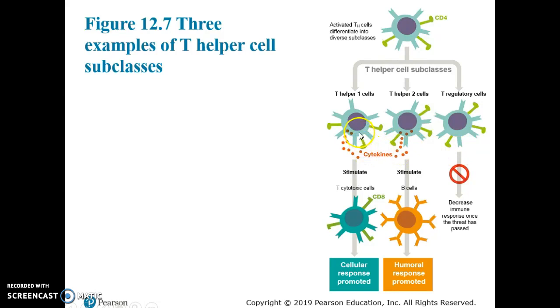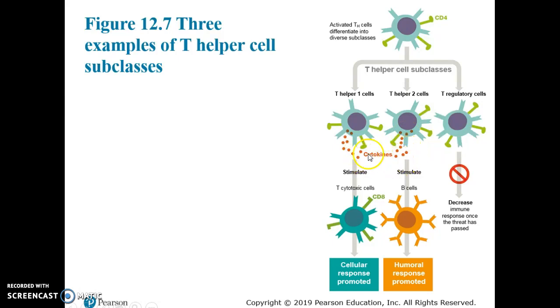So T helper 1 cells will produce certain kinds of cytokines, and those cytokines actually activate cytotoxic T cells, the CD8 positive T cells. And then these cells will go on and do their cellular response by killing those infected cells. T helper 2 cells will secrete a different batch of cytokines.